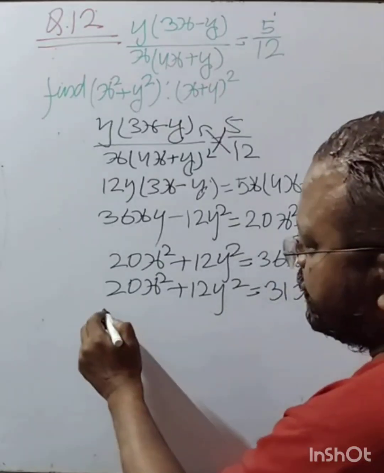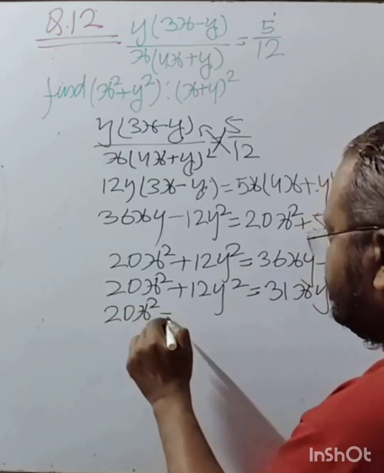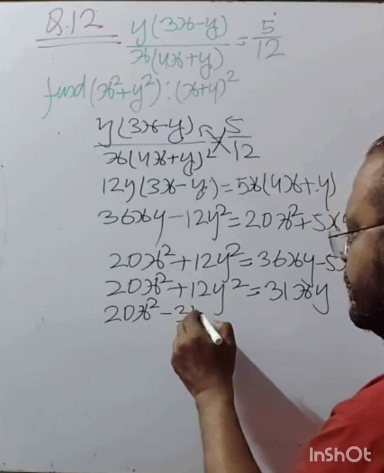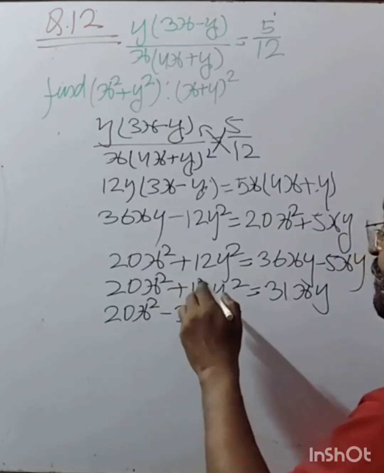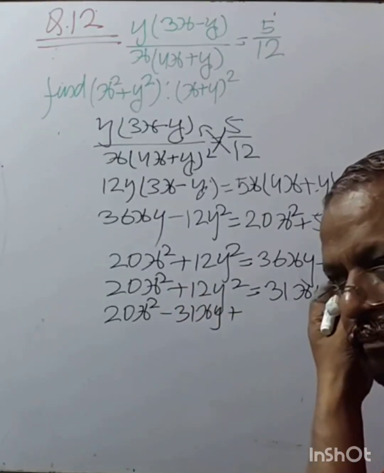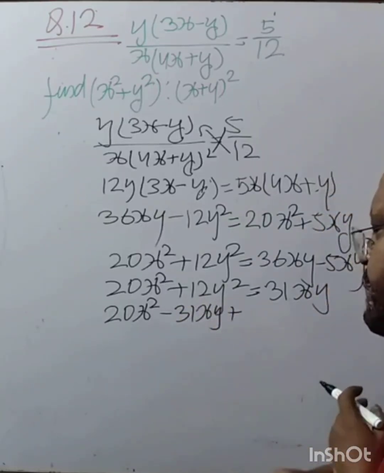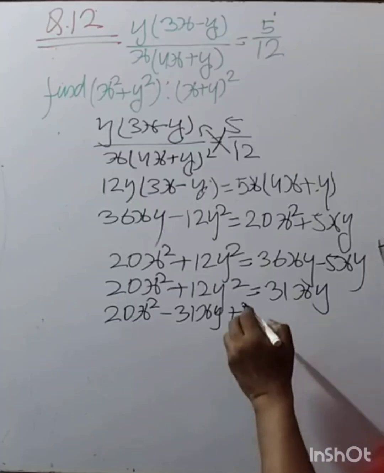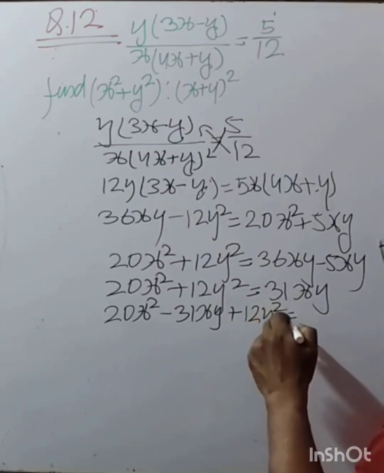Now you write it 20x square minus 31xy plus 12y square is equal to 0.